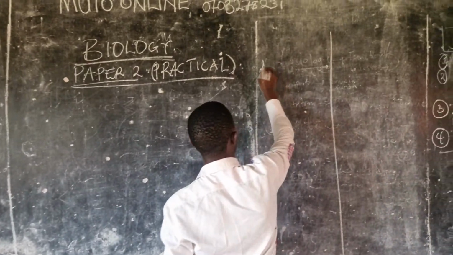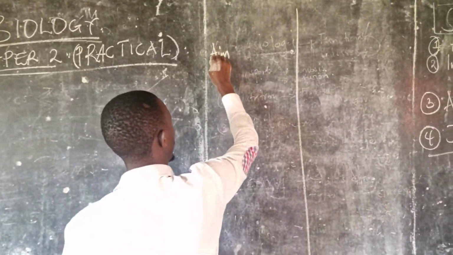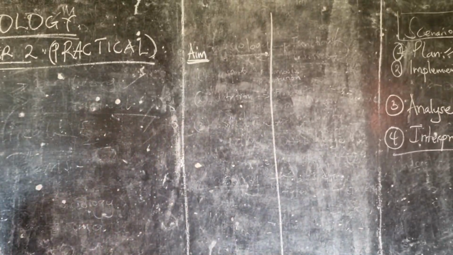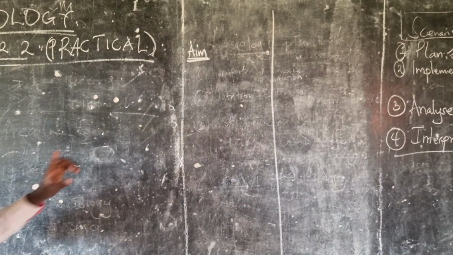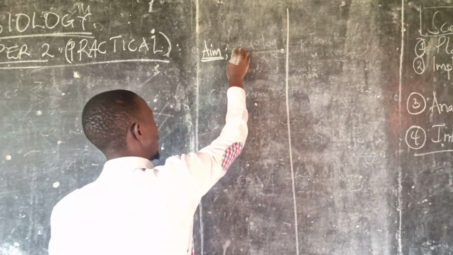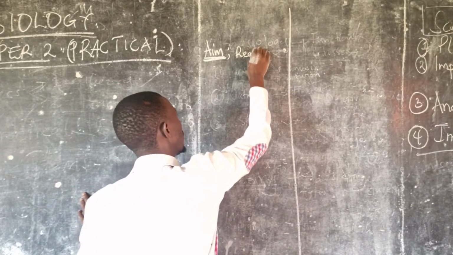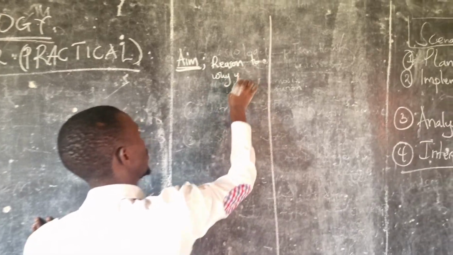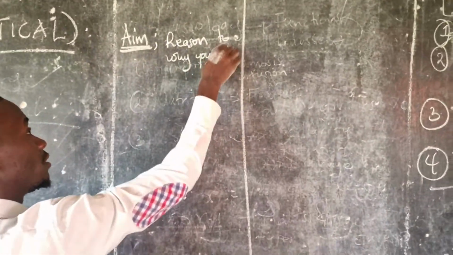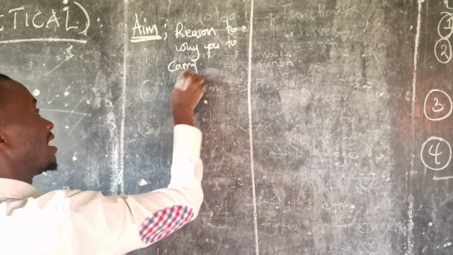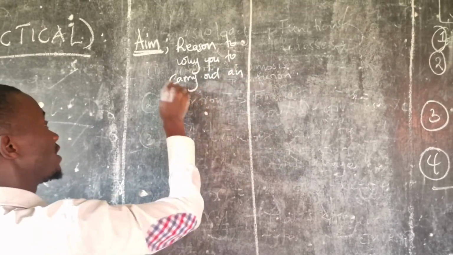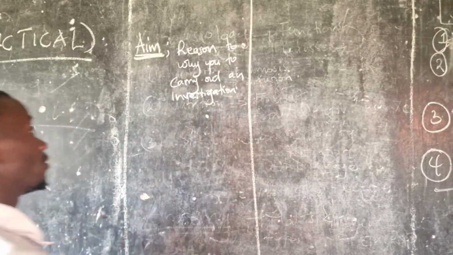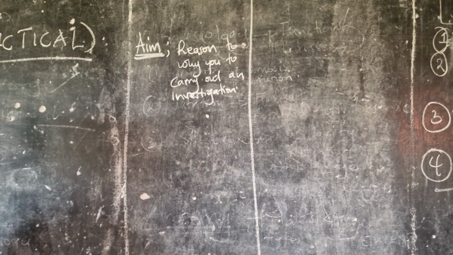Let's start with the aim. What will the aim always mean? The aim will always represent the major reason why you are to carry out an investigation. The aim will be that reason.